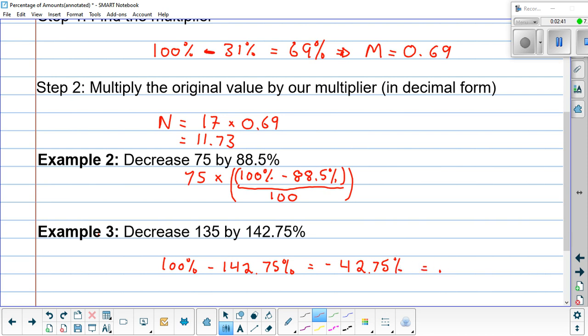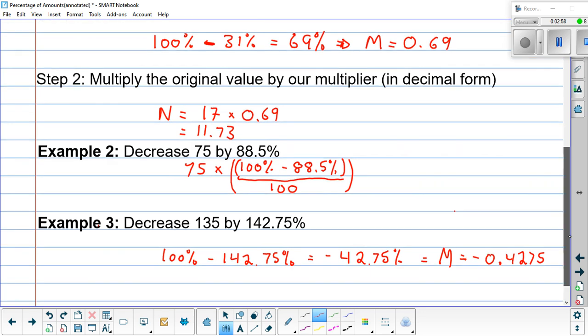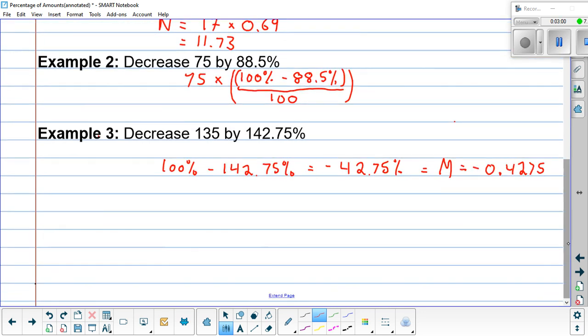Our multiplier then is negative 0.4275. Does this really change our calculations? No. It's just saying decrease it, so let's just do that. So 135, and we know we times by our multiplier, so we're just timesing by a negative number. Carry out your math just as usual.